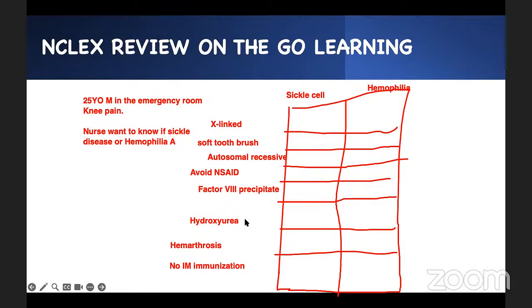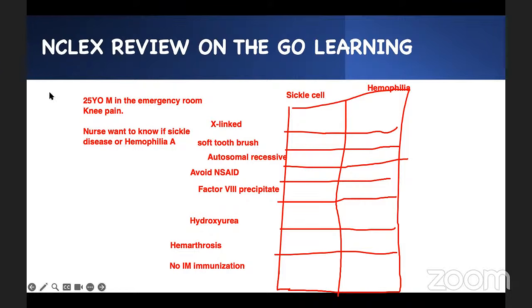Which one needs a soft toothbrush? Which one is an autosomal recessive disease? Which one needs to avoid NSAIDs? Which one uses cryoprecipitate factor 8? And which one uses hydroxyurea? Or which one is hematuria a big deal? Or which one has no immunization? Tell me, put your answers there. Think about it.